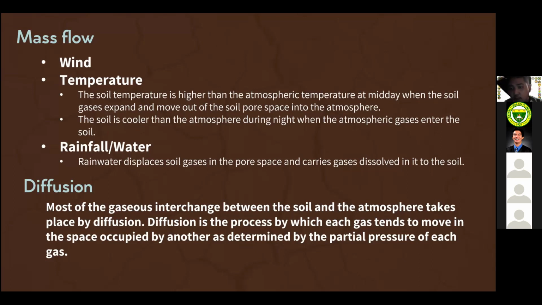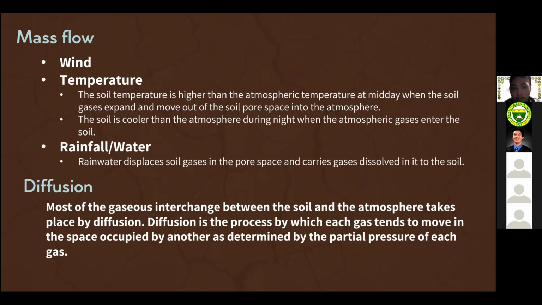So during the day, yung soil air natin is much higher in temperature compared to the atmosphere, so magkakaroon ng exchange doon. That is similar during the night. Yung soil air naman natin ay mag-iba ng temperature, which is much cooler than the air in the atmosphere. So magkakaroon din doon ng exchange of gases.